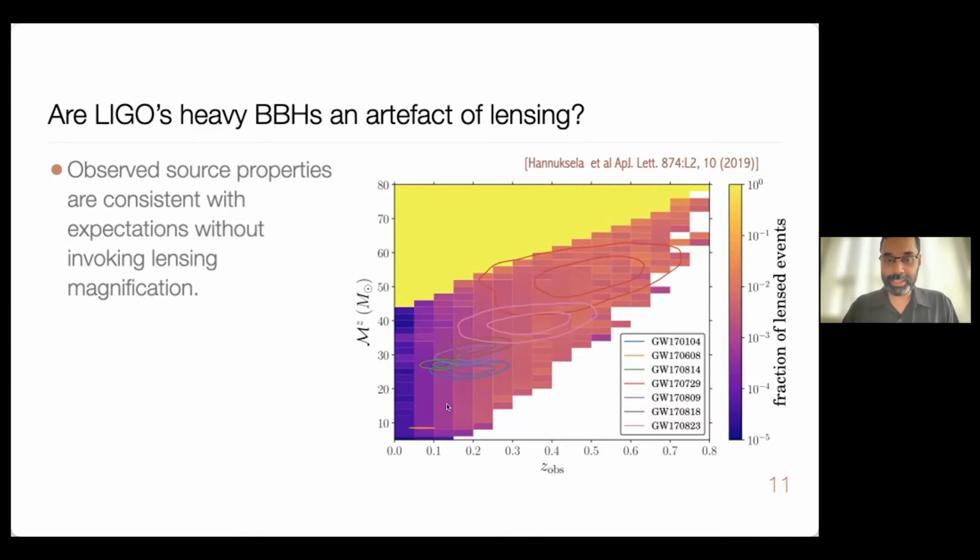Most of these events, all of the events, lie in the region of very small a priori lensing probability. So without invoking some very non-standard models of the binary properties, one cannot explain this using lensing.